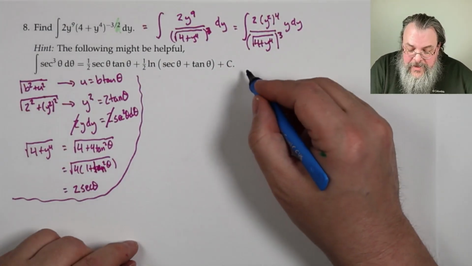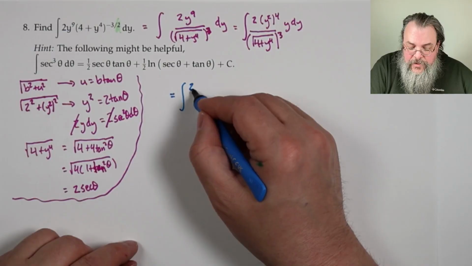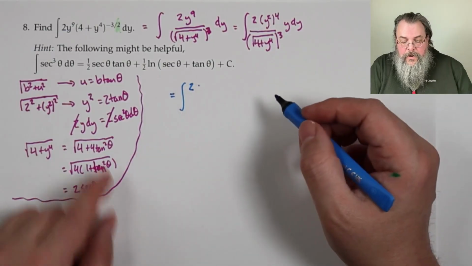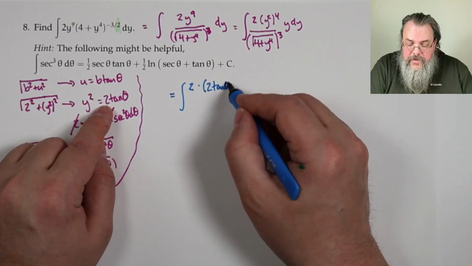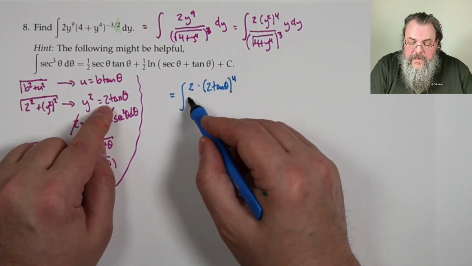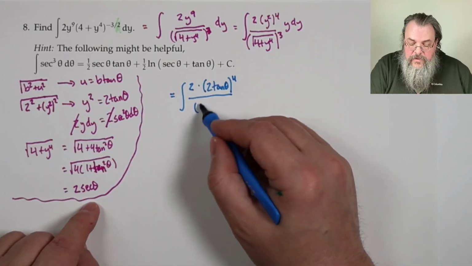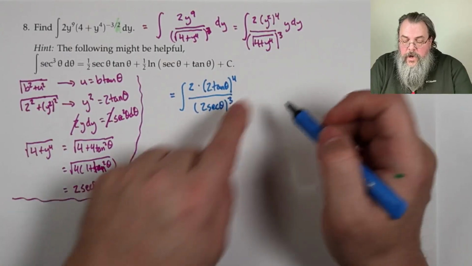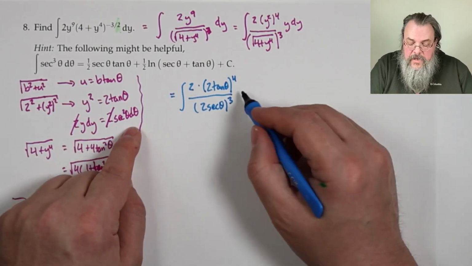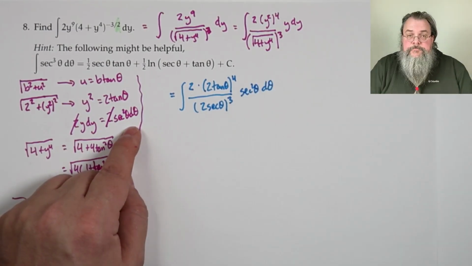Here we go. This becomes equal to the integral 2 times y squared becomes 2 tangent theta to the power 4. Square root of 4 plus y to the 4th becomes 2 secant theta to the power 3. y dy becomes secant squared theta d theta.